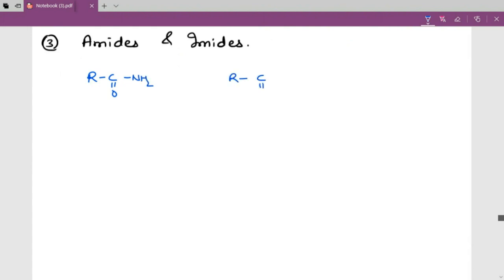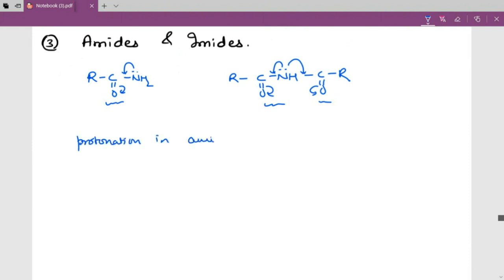versus imides, then I think you can see here my nitrogen lone pair is delocalized to 2 oxygens, and there only to 1 oxygen. Well, I must tell you protonation in amides is at oxygen.